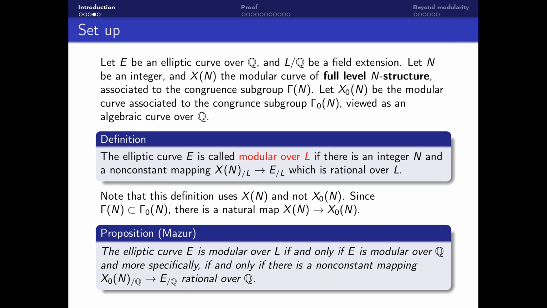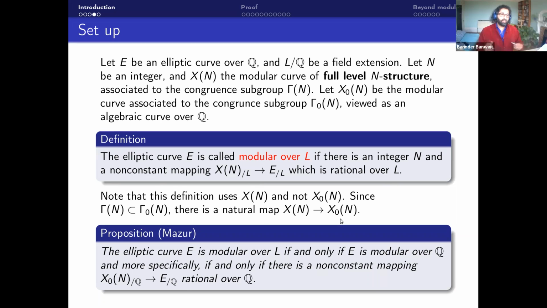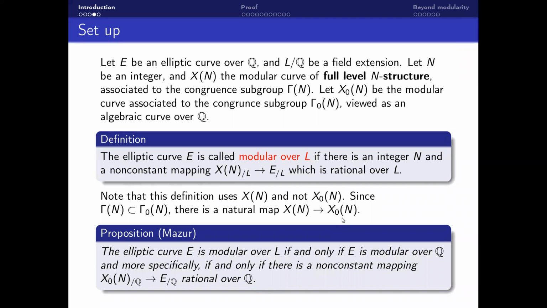But in your definition of modular over L, you are base extending X(n) from what to L? You need that to be defined over Q, right? Yes, indeed. So for me, I'm taking this to be over Q, so I'm foregoing geometric connectedness for that. I believe that is Mihir, right? Yeah. Hi.